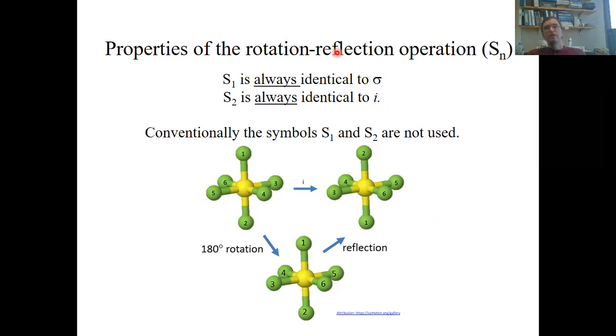However, if we can, we use sigma instead of S1 and I instead of S2, simply because for the human mind it's easier to perform a one-step symmetry operation rather than a two-step symmetry operation. So it's just easier for us, even though strictly we would not need sigma and I.